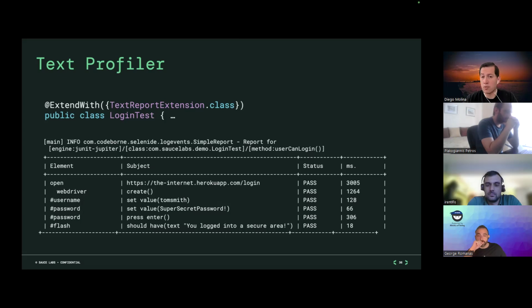Maybe you can compare which browser is faster. There are different ways to use this information, but it is very helpful to understand where your test is getting stuck. I wouldn't recommend using it always, but if you see that things are slowing down, it's a good fit to understand better what is going on.